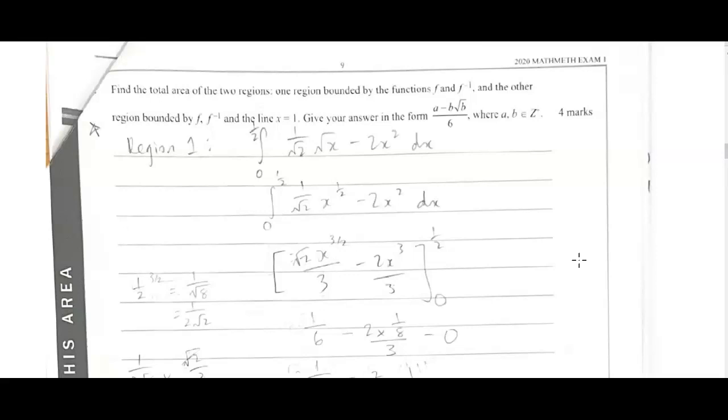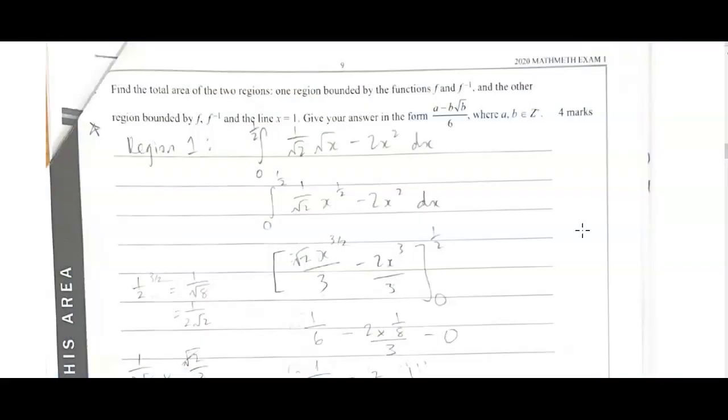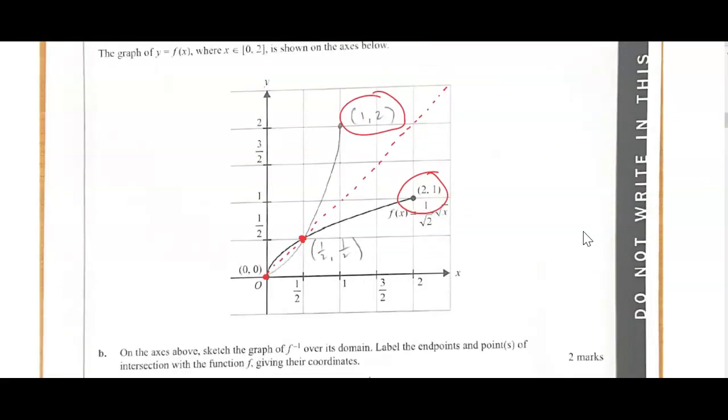One region is bounded by the function f and your inverse, and the other region is bounded by f, your inverse, and the line x equals 1. So if we go back here, we're finding the area in here, and then the area up here to a line, this area in here.